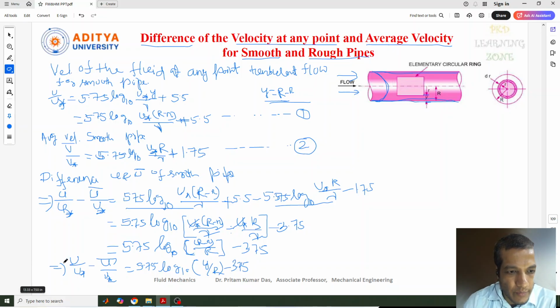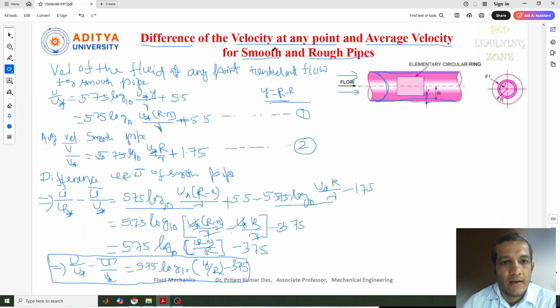This is very simple, just we need to subtract the terms from the velocity at any point and average velocity. This is the final one. So this one we can give equation 3. This is for smooth pipe, average velocity for the smooth pipe, and this is the velocity at a point for the smooth pipe.